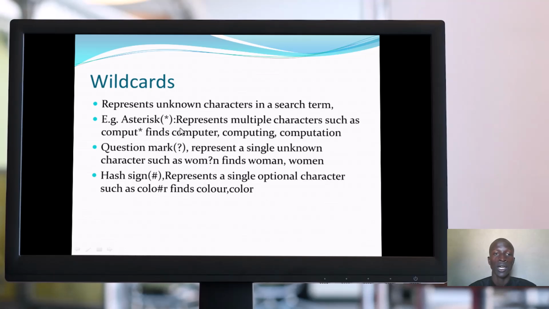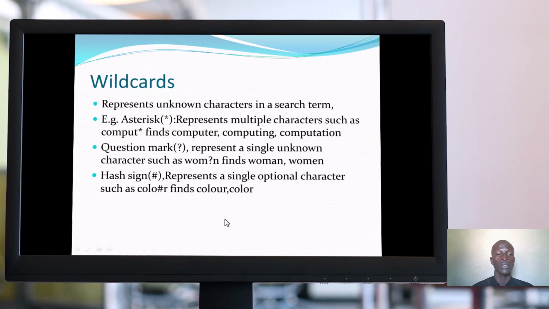Now let's come to the wildcard. Wildcards are just symbols that we use in order to represent unknown characters in a search term.